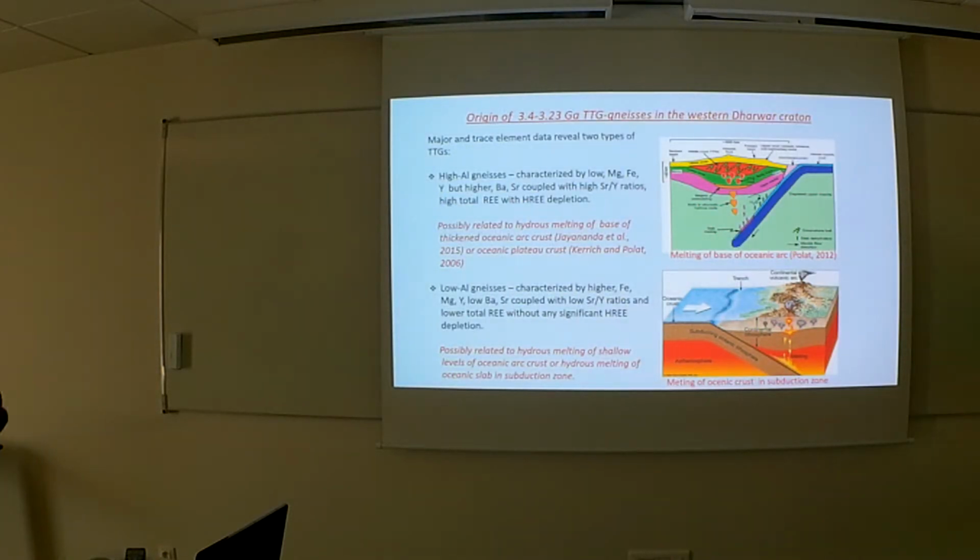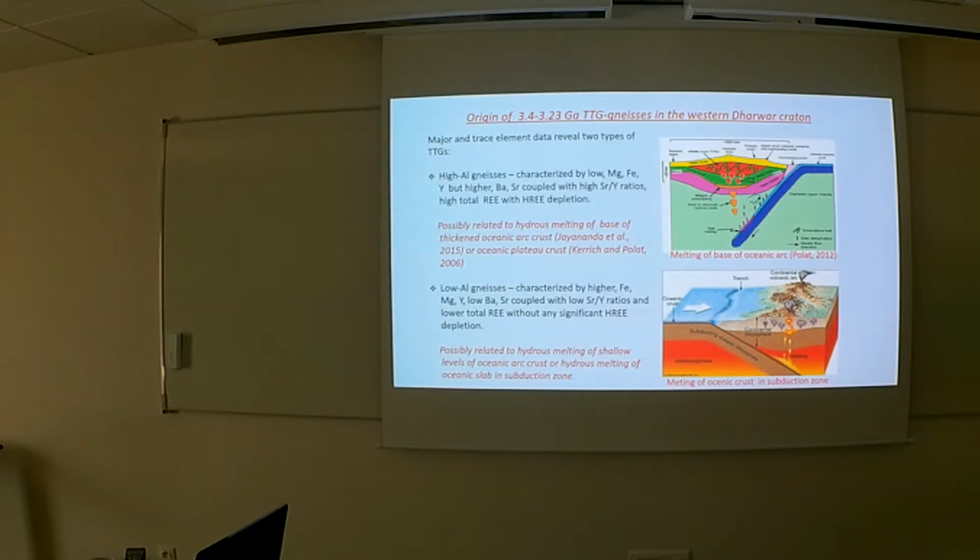But I do not want to go into detail about the TTG. The elemental data indicate two types of TTG in the western Dharwar: high Al TTGs and low Al TTGs. High Al TTGs are characterized by low Mg, Fe, yttrium, but higher barium and strontium, coupled with high Sr/Y ratios and high total REE.